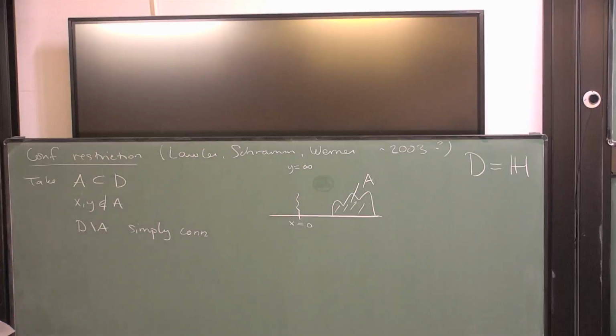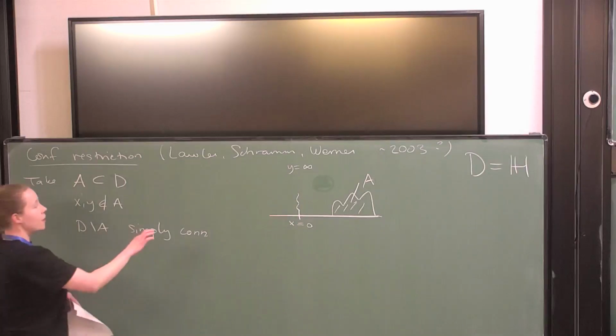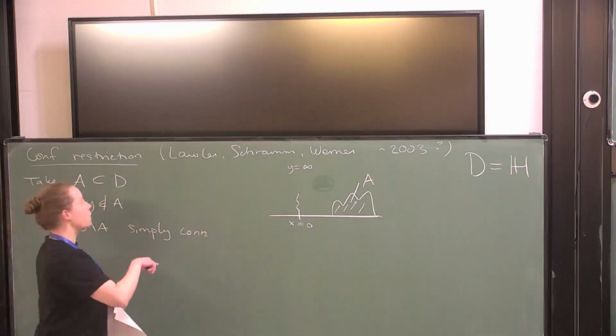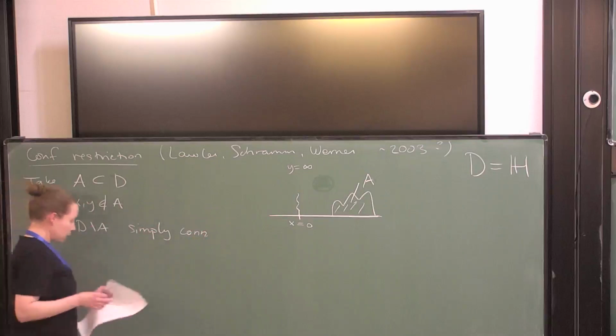So these problems have been considered in non-simply connected planar domains, but not on general surfaces. But what I'm saying, the idea should work for any kind of geometric configuration. But for definiteness, because I want to define some conformal maps, I'm going to assume this.